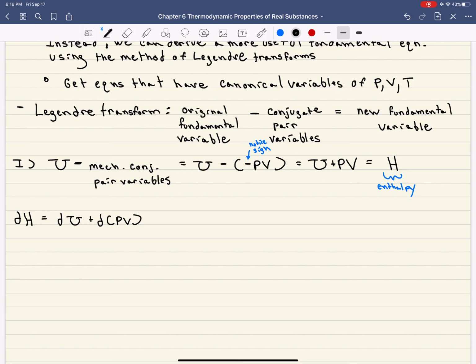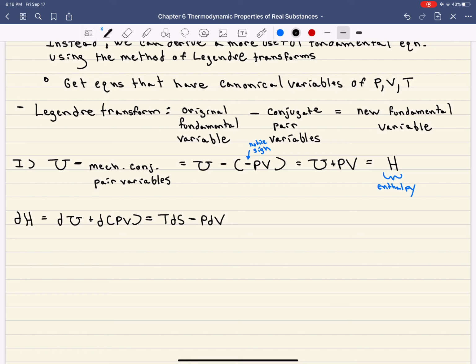All right? And so for dU, we just plug in the fundamental equation for internal energy. So we know that dU is just equal to T dS minus P dV. So that's what dU is. Now we're going to add on to it the derivative of PV. For this, we're going to take the product rule, since we have a derivative of a product.